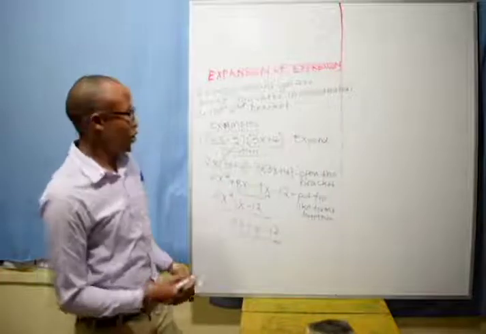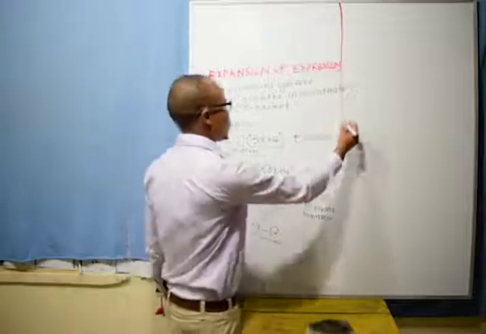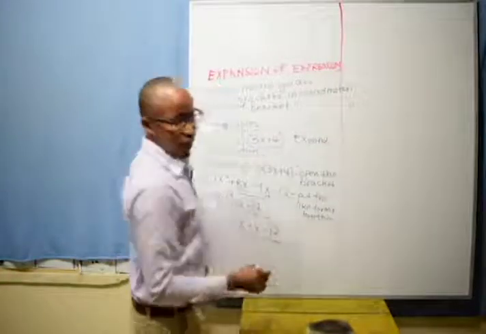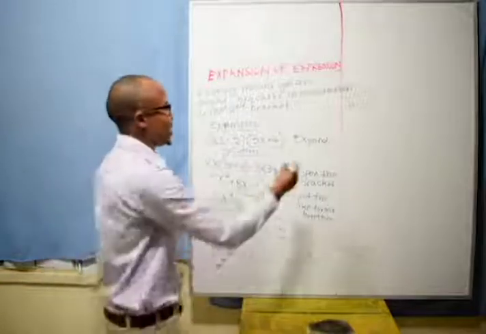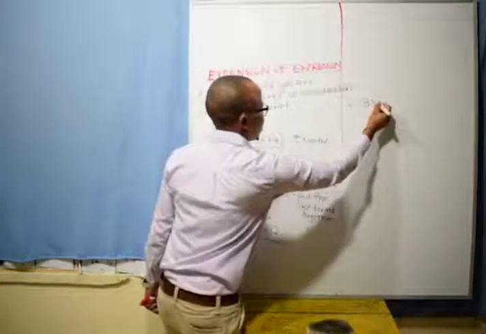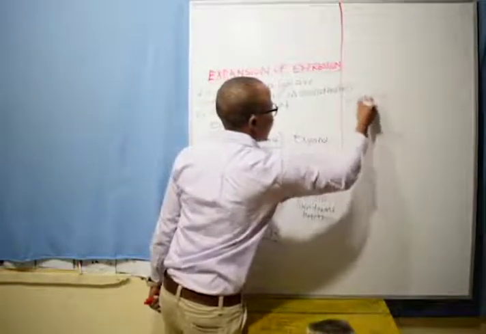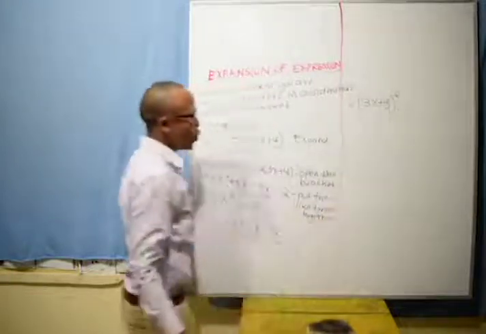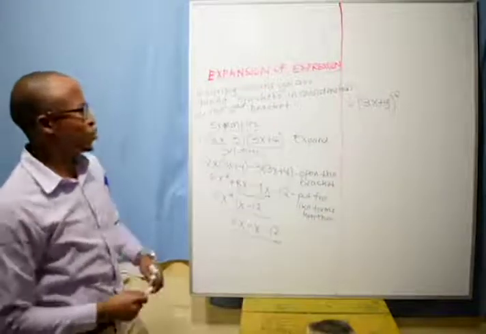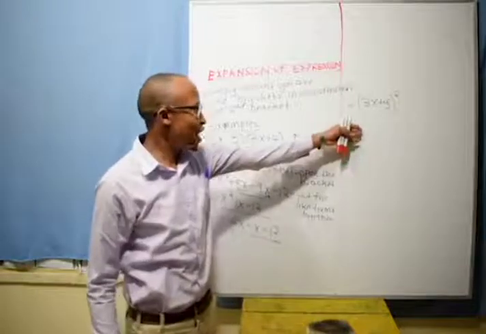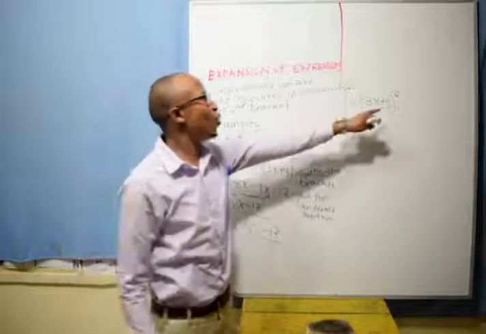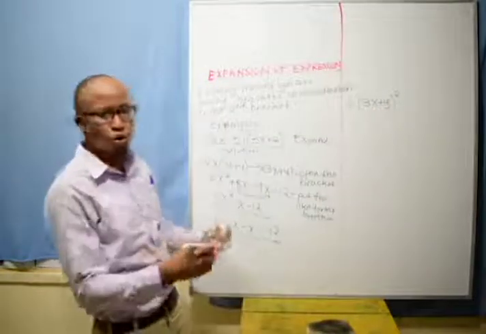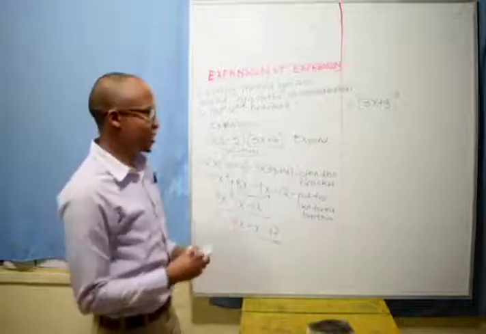Number 2, example 2, you can be given a question like (3x + y) squared. What are you supposed to do in such a question? Well, first, you're supposed to know what the square means. It means that you have two similar brackets.